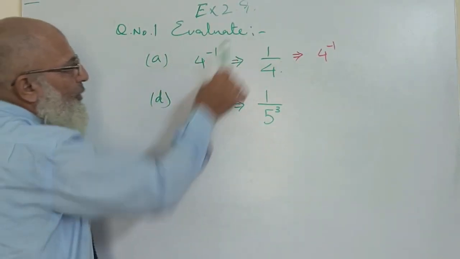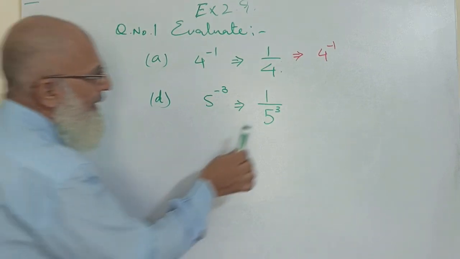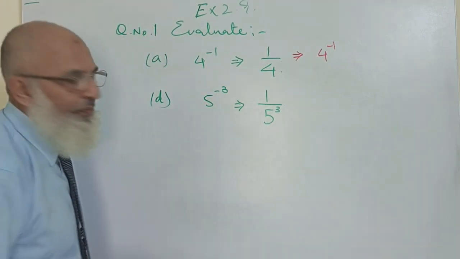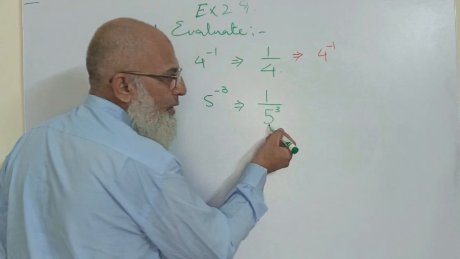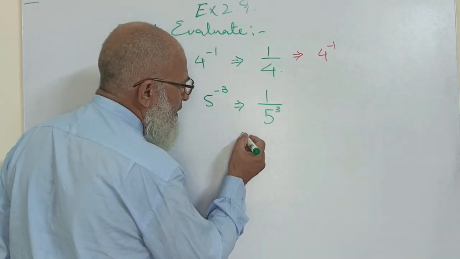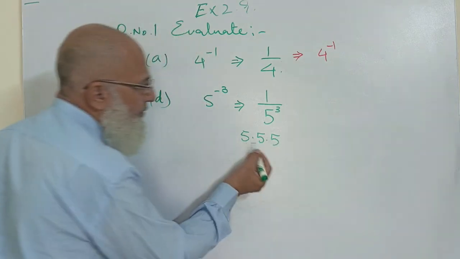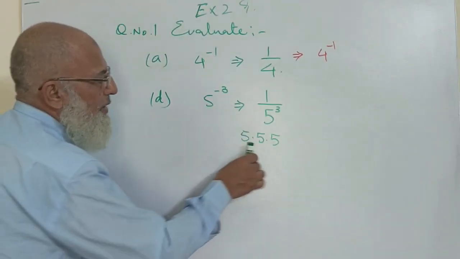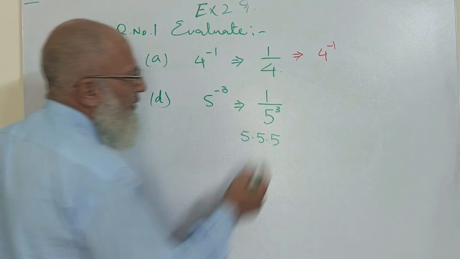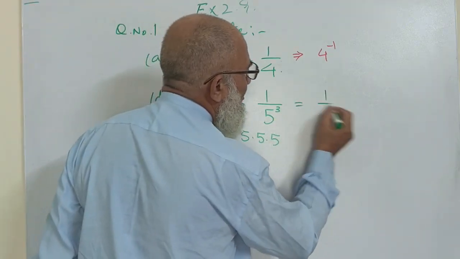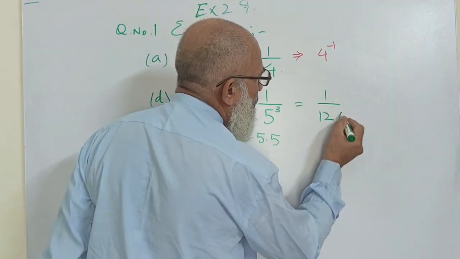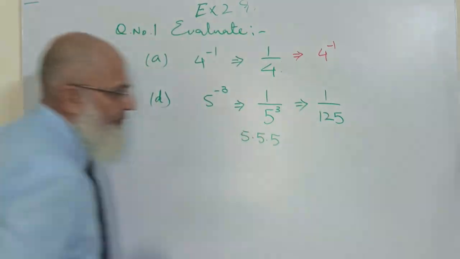Because we have to evaluate it, it does not end over here. So what we have to do is find 5 multiplied by 5 multiplied by 5. It is 25 and it is 125. So the net answer here is 1 over 125.